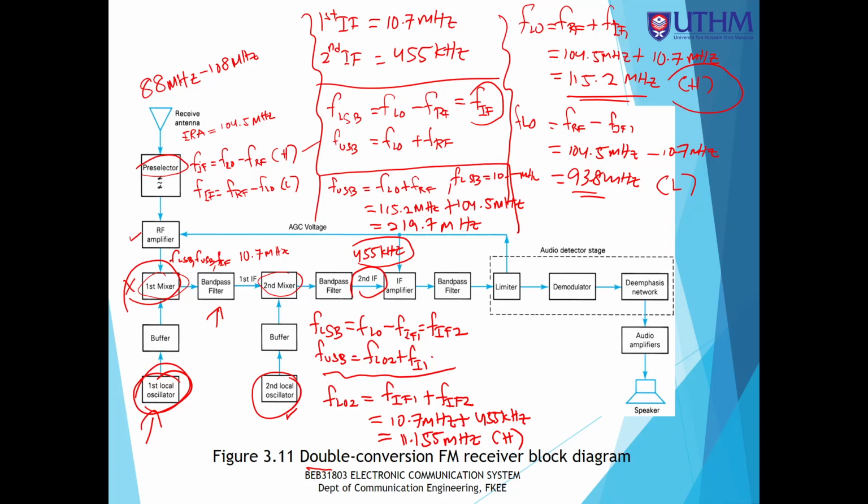But if I want to use a low side injection, that means FLO2 is equal to FIF1 minus FIF2. So I'm going to produce 10.7 megahertz minus 455 kilohertz.